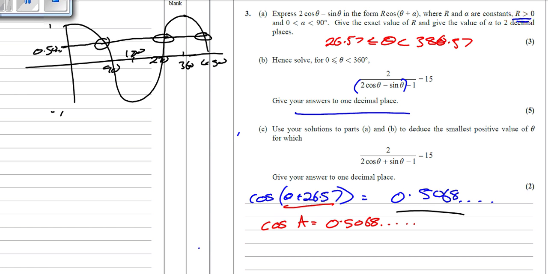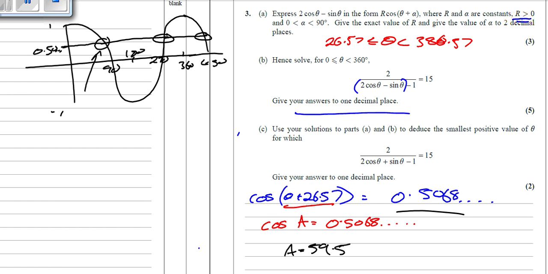So what we're going to do is the inverse cos of the answer, and we get 59.5. So we've got A equaling 59.5, which is this solution.